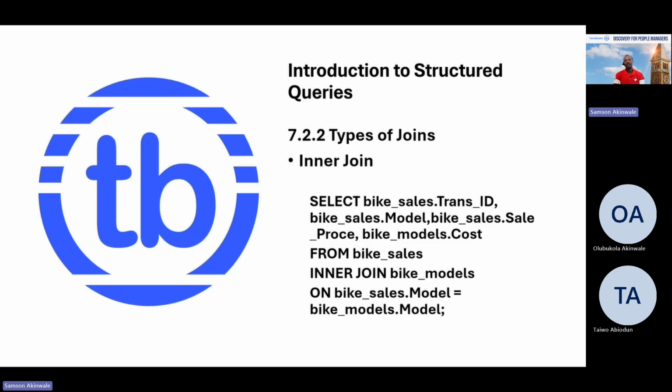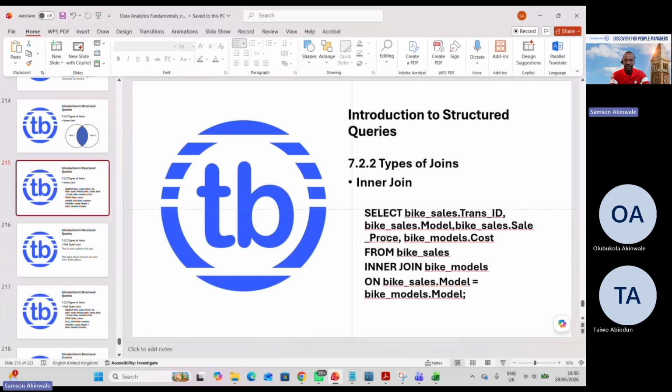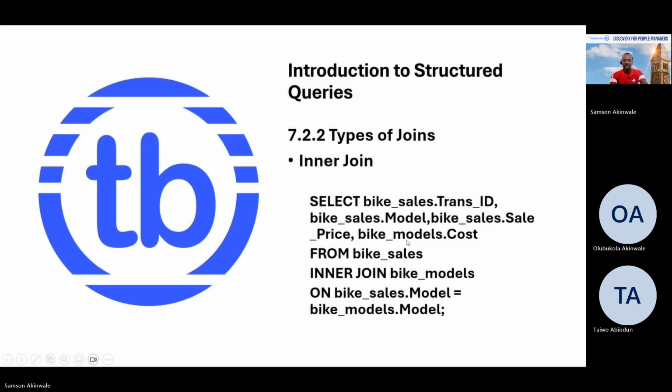In the same table called bike_sales, I'm pulling out another column called model. In the same table, I'm pulling up another column called sales price. So I can correct this. So this is sales price. Then in another table entirely now, I have changed the table.